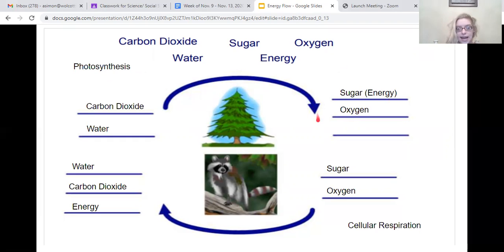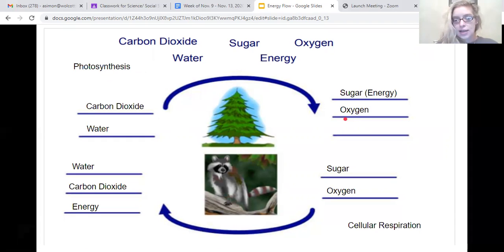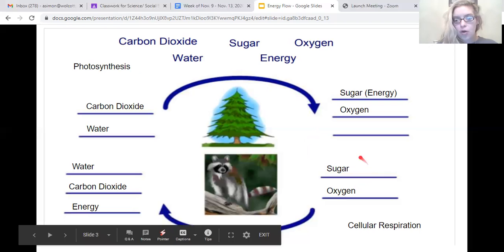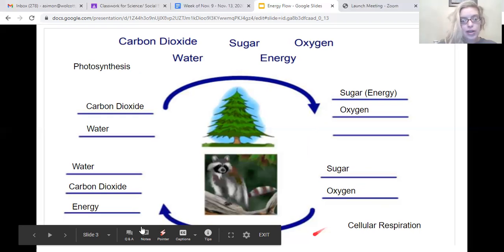Now this connects to cellular respiration because we as humans and animals take that sugar and oxygen that the plant is putting out, and that's what we need for cellular respiration. We take that sugar and oxygen and create energy, carbon dioxide, and water.